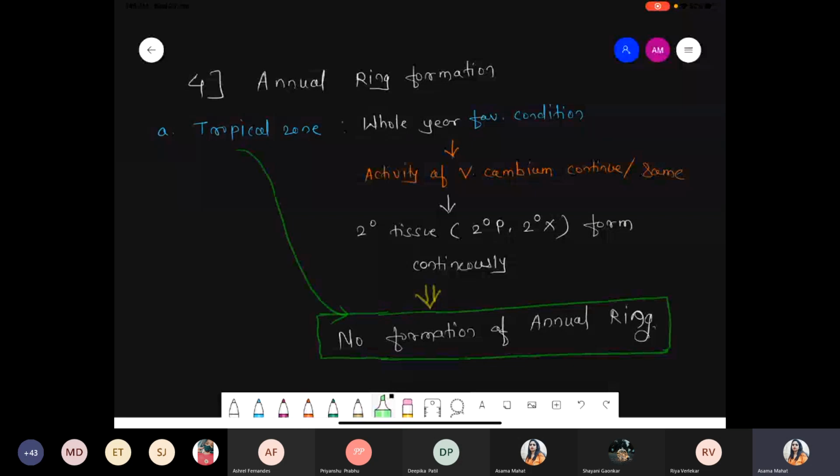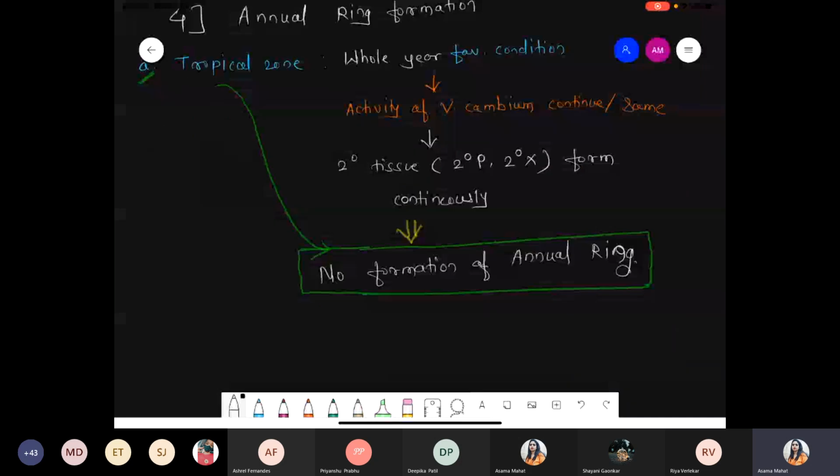Now we are talking about the second reason, that is the temperate zone. Temperate zone means conifer plants, Pinus, Christmas tree, where we observe two drastic conditions. Heavy winter will be there and sometimes the spring season is also present. So throughout the year, two environmental conditions are present, favorable as well as unfavorable.